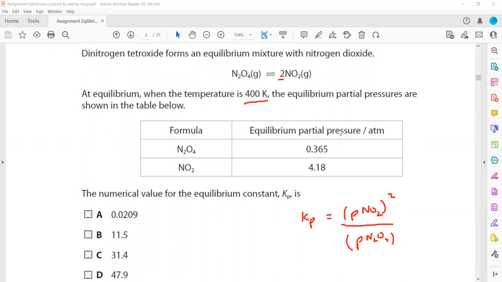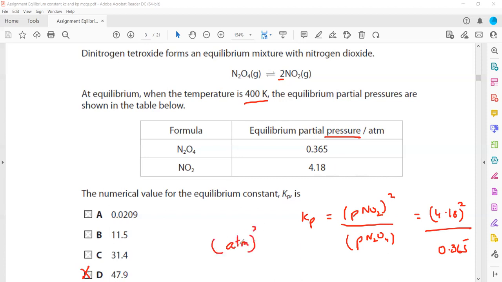Now we substitute the equilibrium partial pressures given. The partial pressure of NO2 is given as 4.18, so 4.18 squared will be there. And the partial pressure of N2O4 is given as 0.365. When we substitute, it will give us 47.9. And what about the unit? The unit of the pressure is atm here.